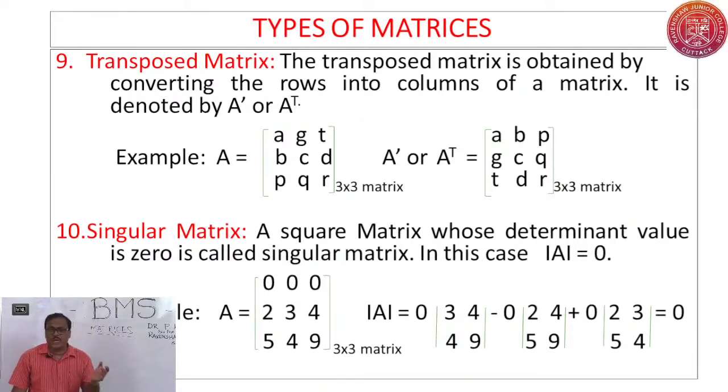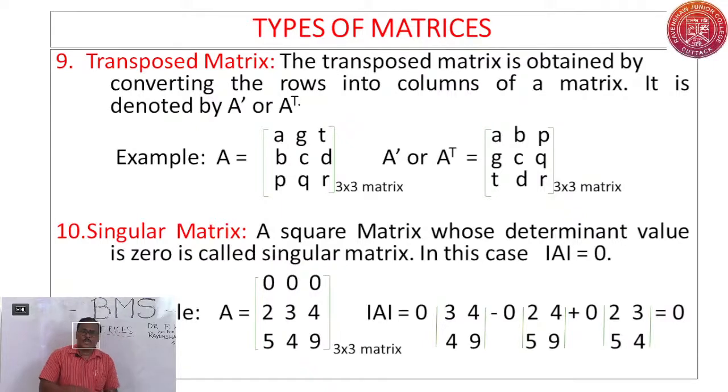And the third one is +0 into 2 into 4 minus 5 into 3. I have not calculated further, because anything we multiply with 0, the value is also 0. So 0 into something is 0. In this case, the value of the determinant is 0. Since the value is 0, we say this is a singular matrix.